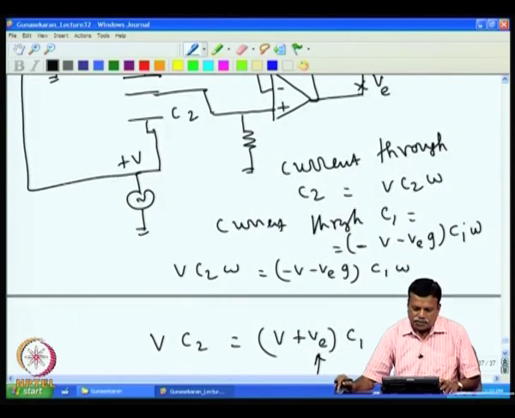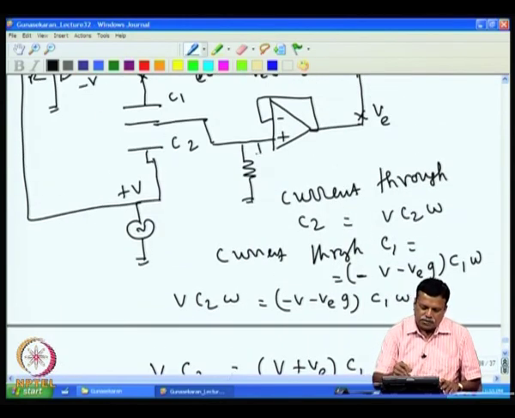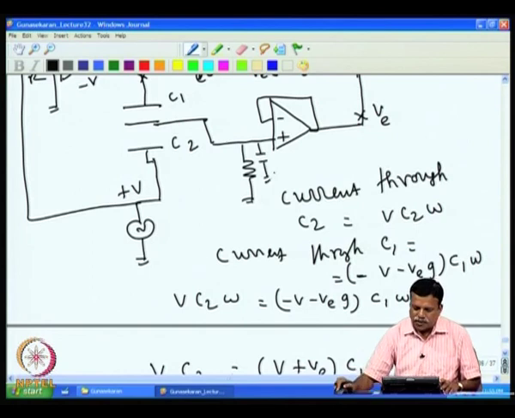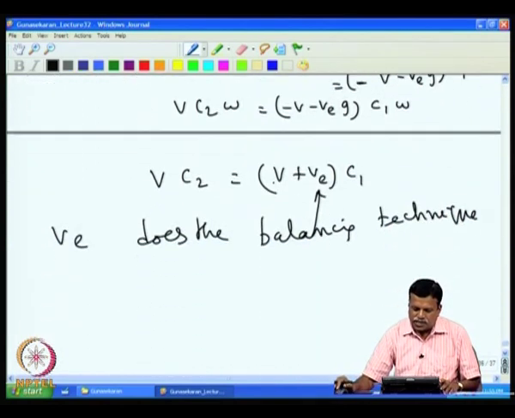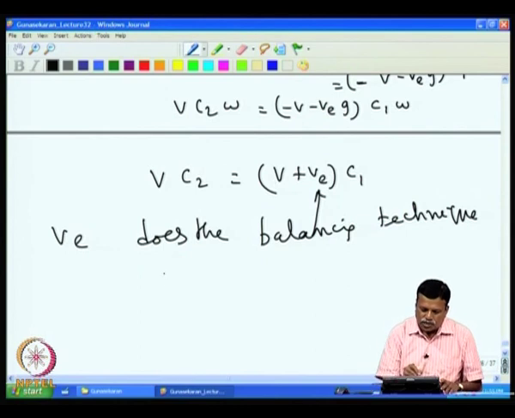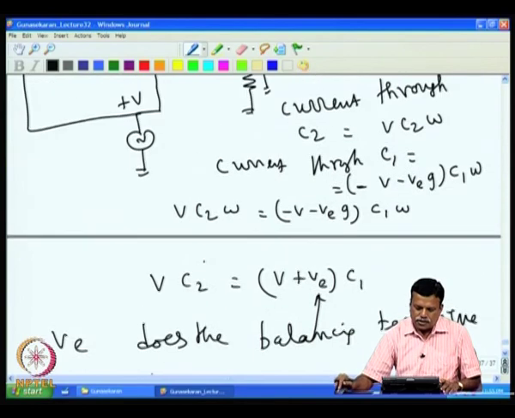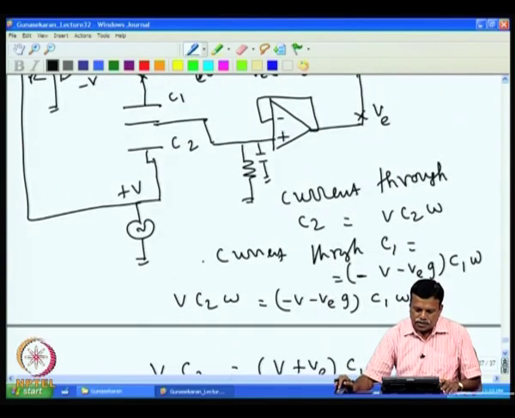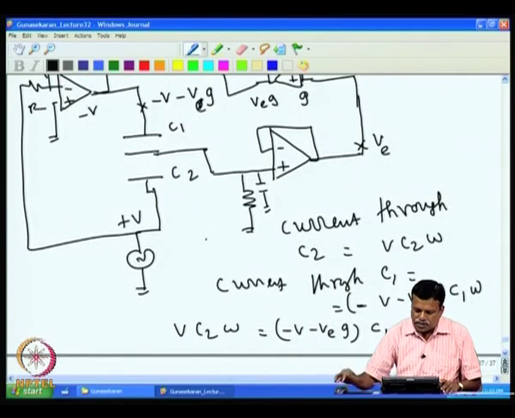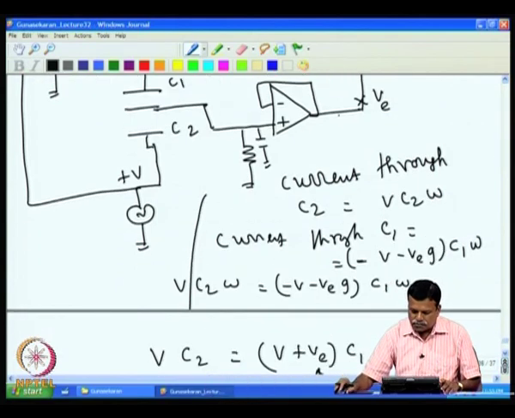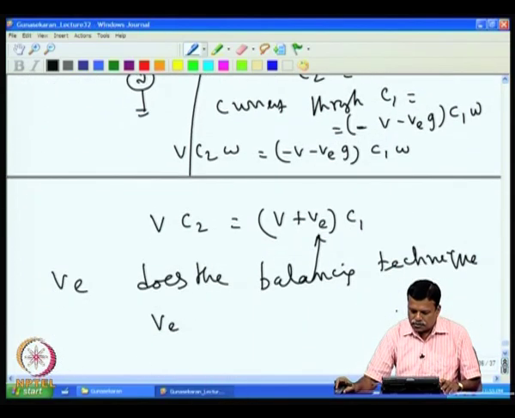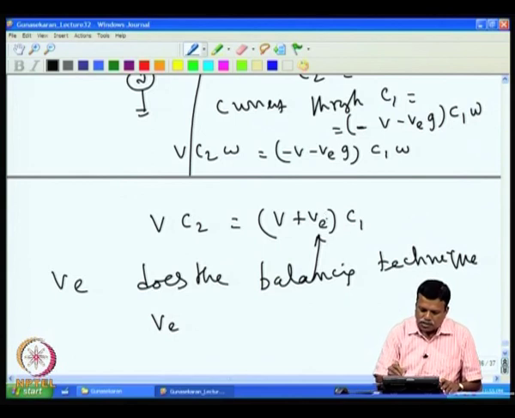Since the bridge is getting balanced, the stray capacitor is not a serious problem, because VE will be small if the gain is large. VE into G, sorry, V into G has to come here. Yeah, if gain is large, V is very small.